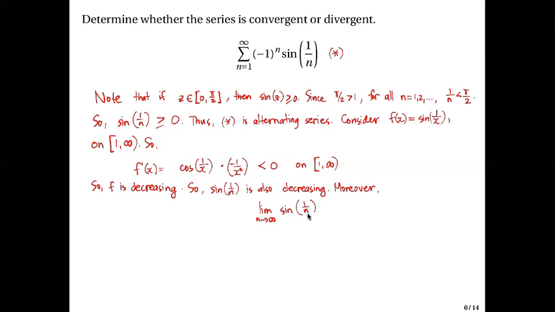So you will have 1 over something very, very large. And that becomes sine 0. But sine 0 is equal to 0. And therefore, by the alternating series test, star is convergent.